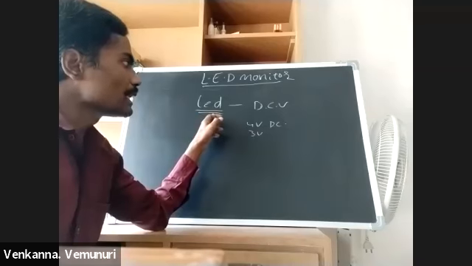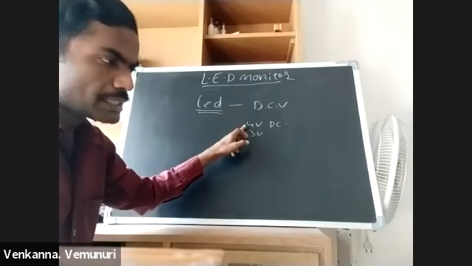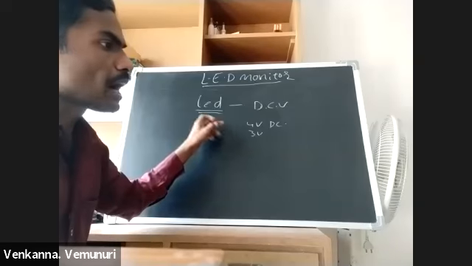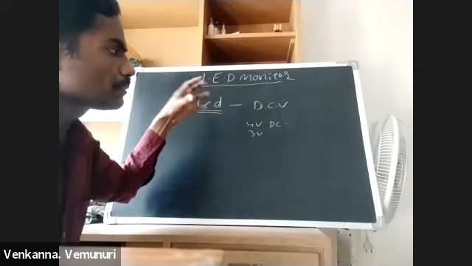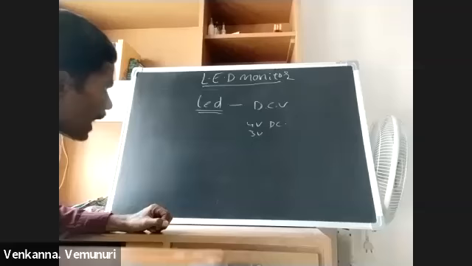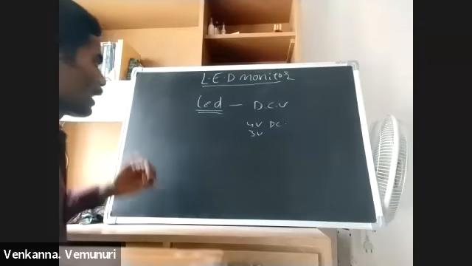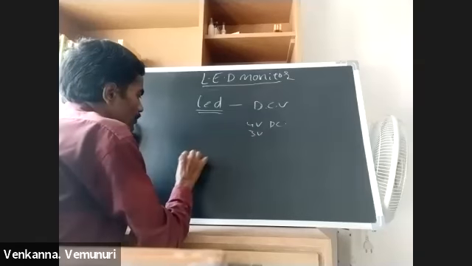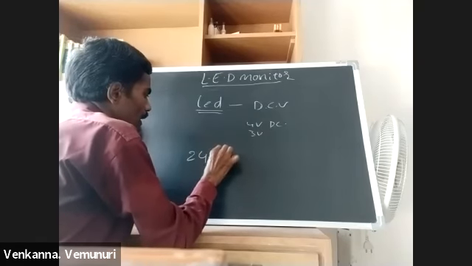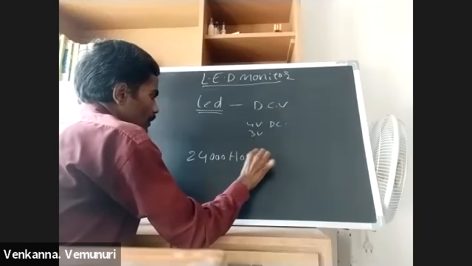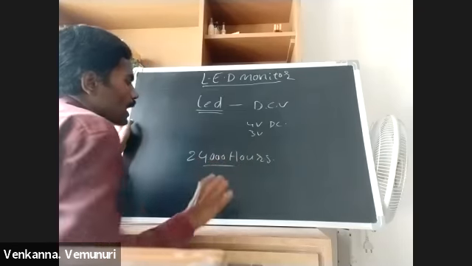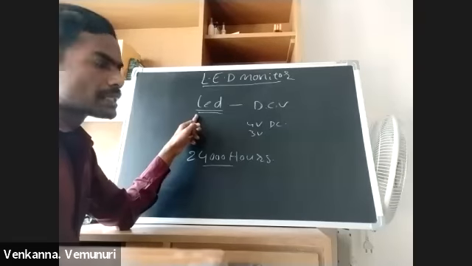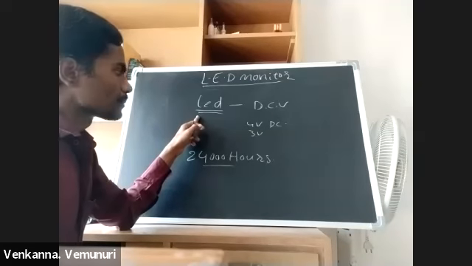The reason is that LEDs work with DC voltage, consume less power and give high brightness light. And compared to the CCFL lamp, this LED life is 24,000 hours. After 24,000 hours, this LED brightness slowly decreases.